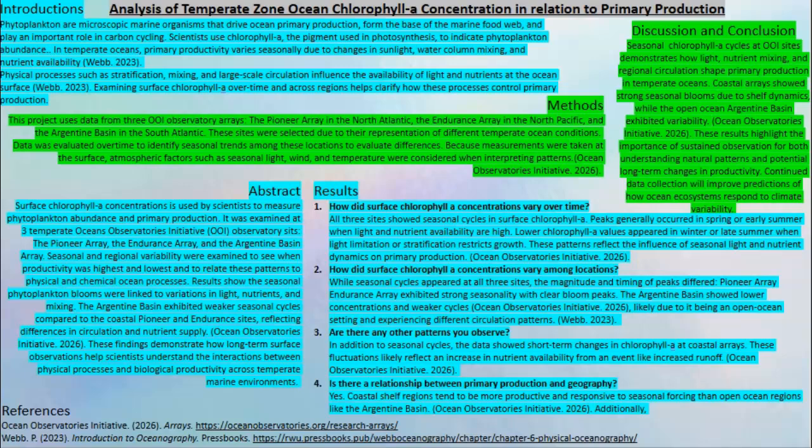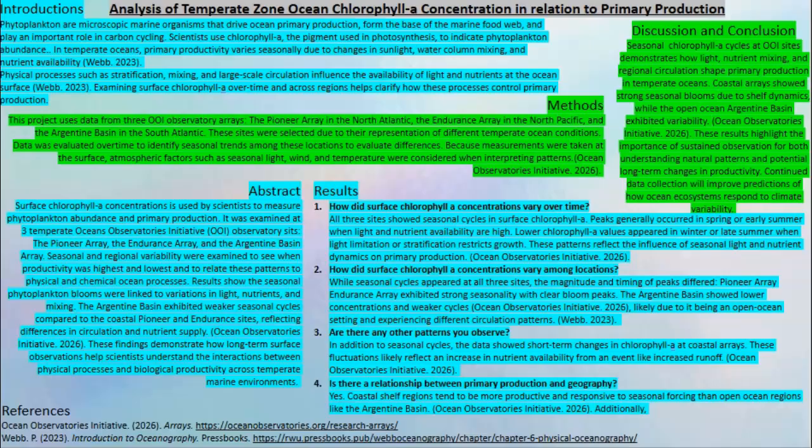The Endurance Array is located in the North Pacific and also represents a coastal shelf environment. Separating it from the other two, the Argentine Basin is located in the South Atlantic and represents an open ocean temperate system. These sites were selected because they experience different circulation patterns, nutrient dynamics, and degrees of coastal influence.